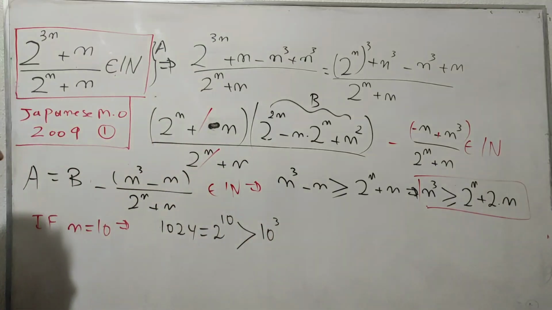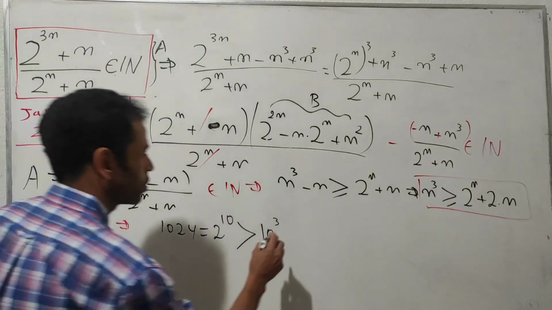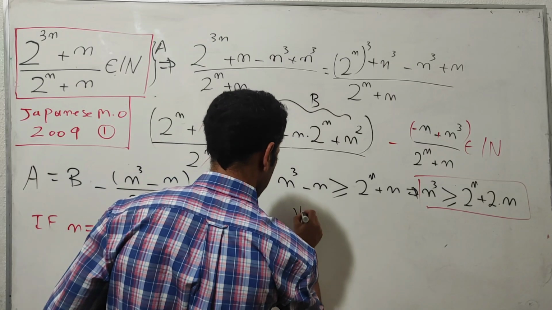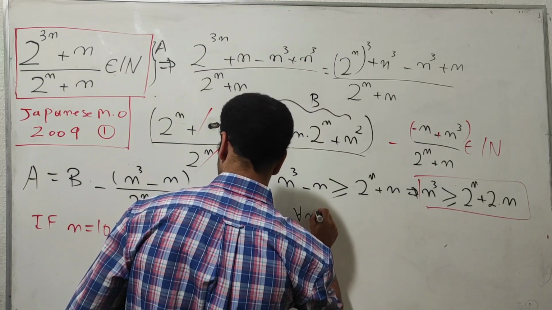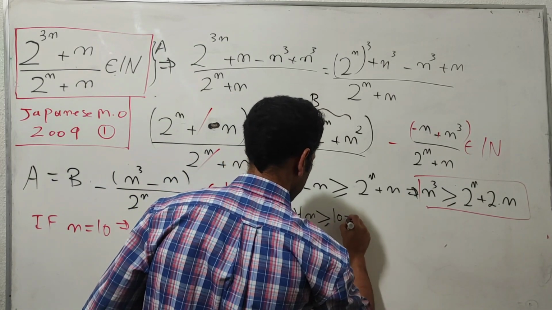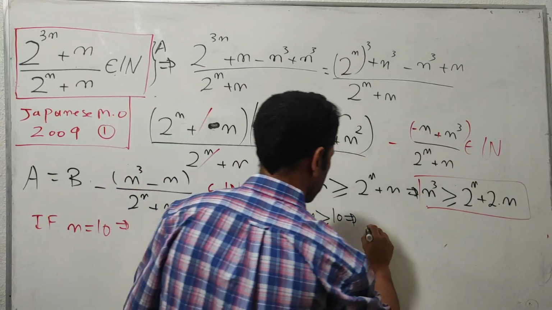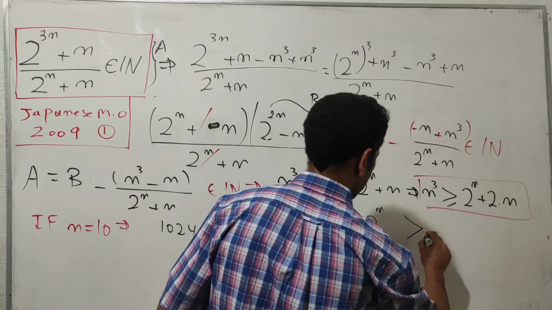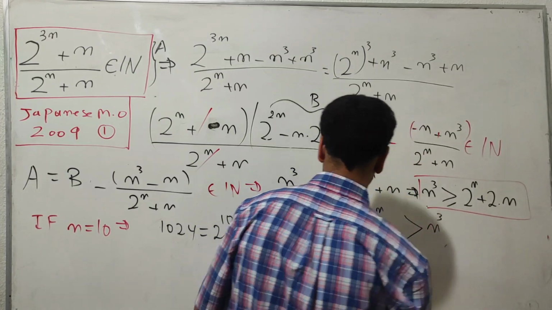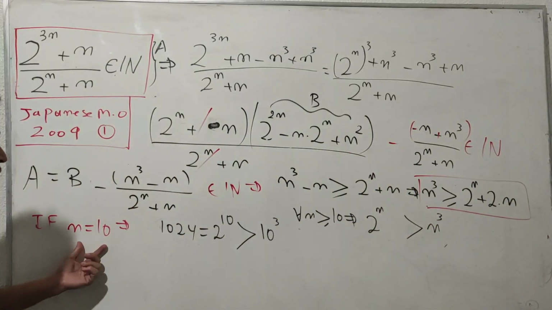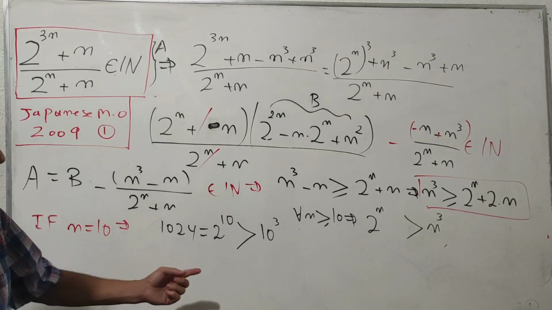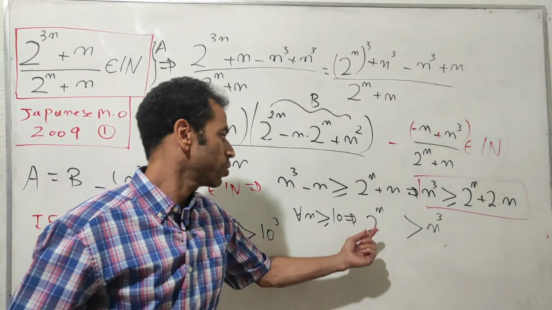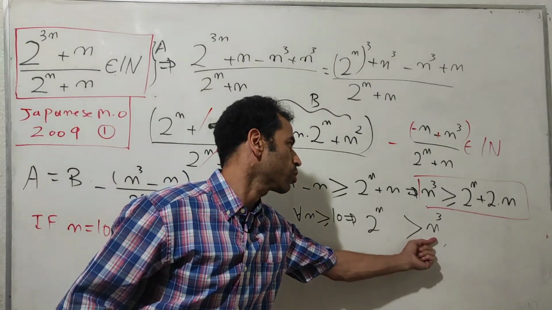So this implies for all n greater than 10, we get 2 to the n is strictly greater than n cubed. Based on this information, as you replace n with the number 10, you always get this one bigger than this one.